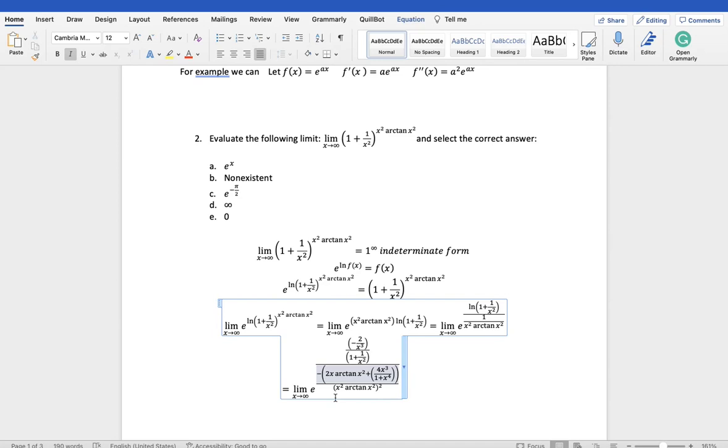I do agree, sir, but I got 2x cubed instead of 4x cubed. Yeah, but the rest is fine. Where'd you get the 2x cubed? Here. Oh, okay, right here.